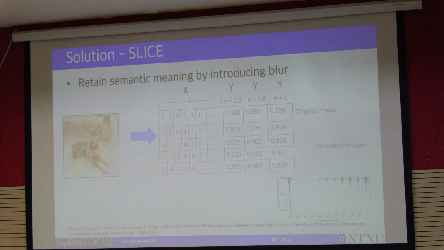It indicates that if I'm going to use the blur for my approach to make the explanations more semantically meaningful, then I can use any value between 0.1 and 0.6. And surprisingly, there is a theory which relates sigma equals 0.3 in the Gaussian blur to the human visual system.